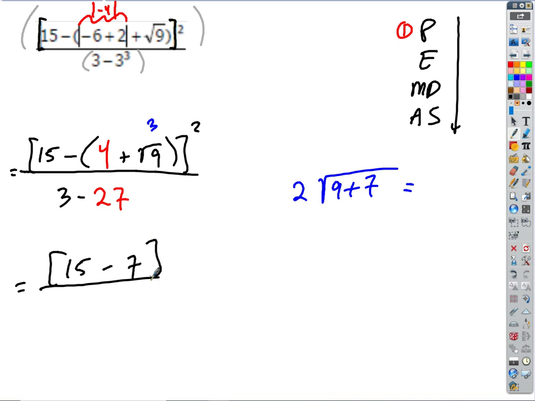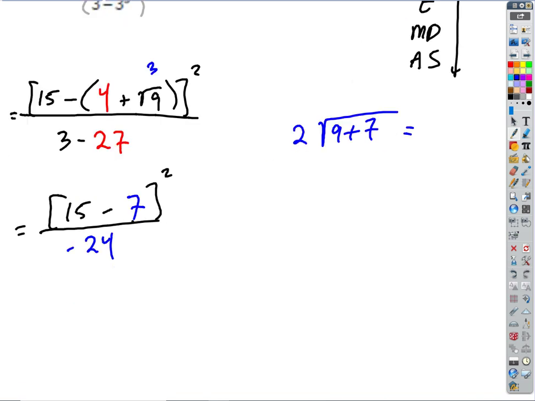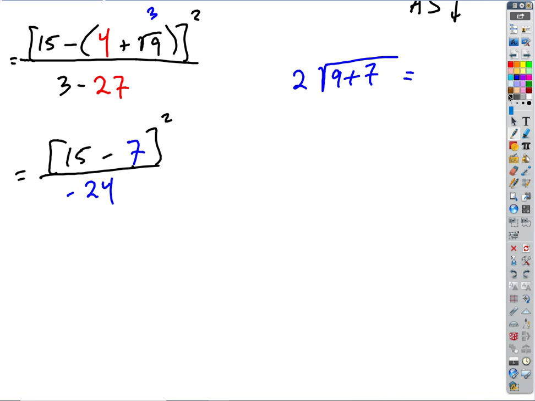Okay, make sense? I should write that. That should be blue. That's the thing that got changed, right? And on the bottom, we're done. 3 minus 27 is negative 24. So there's the two things that changed. And now it's getting down there. 15 minus 7 is 8.